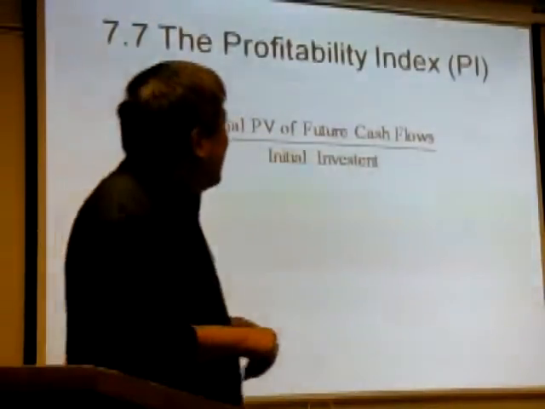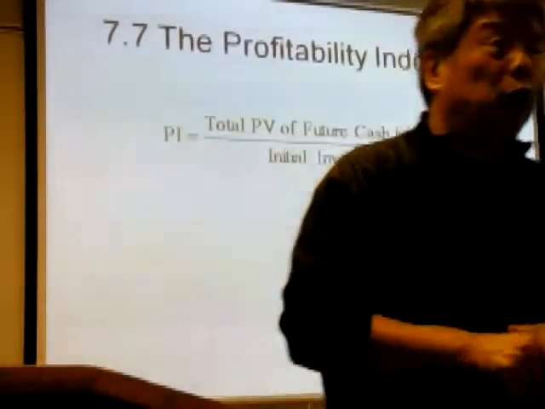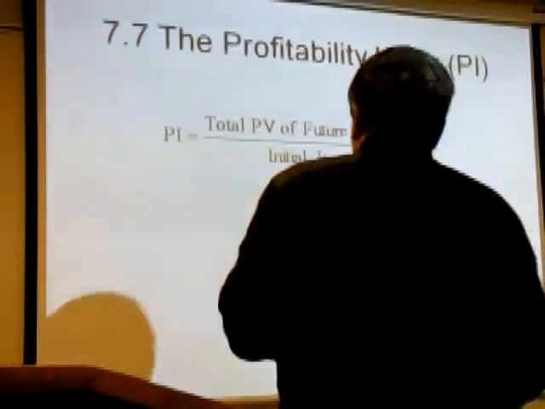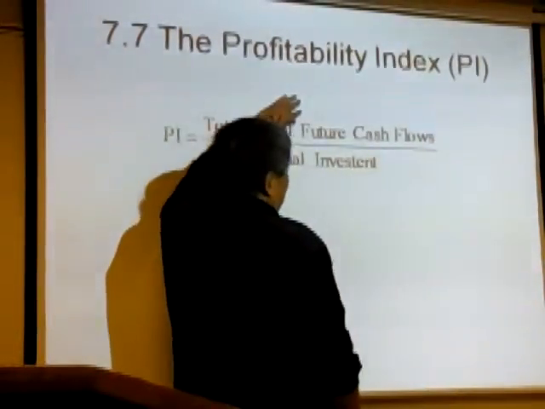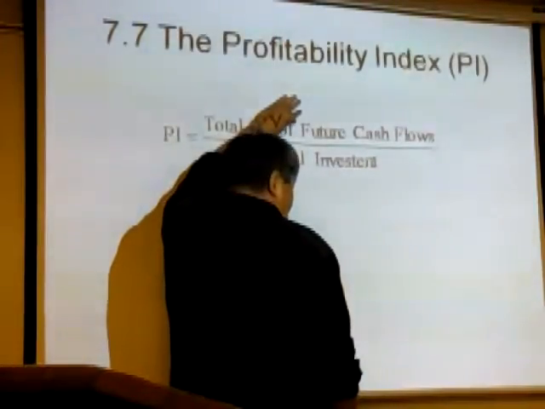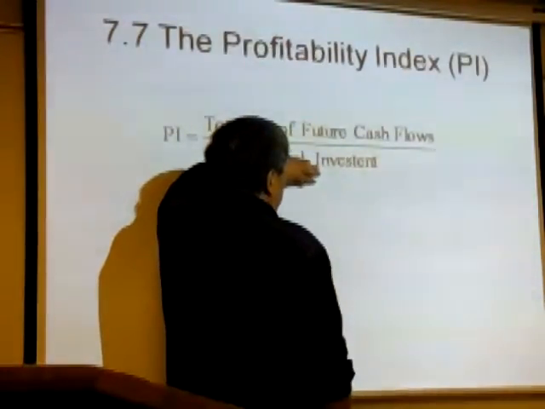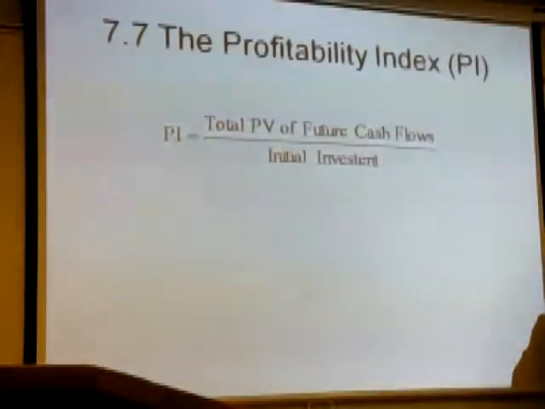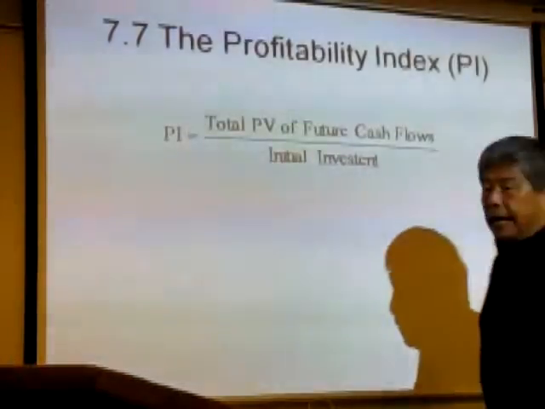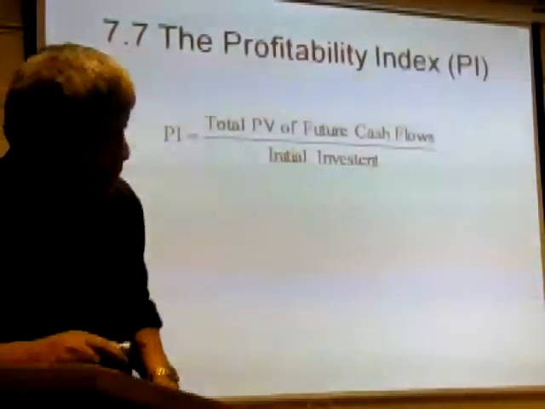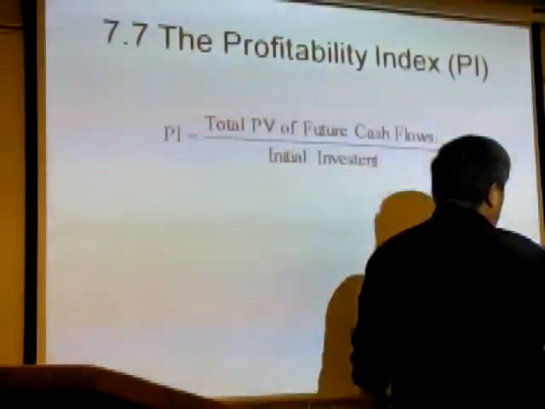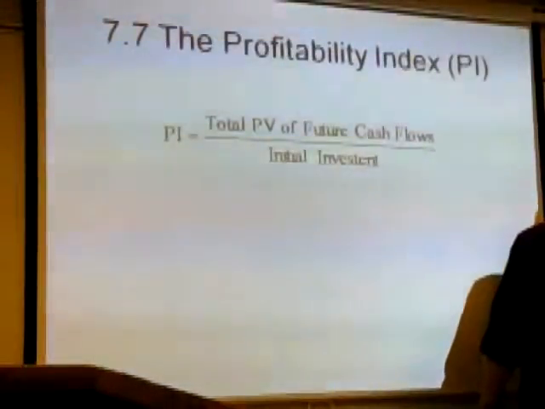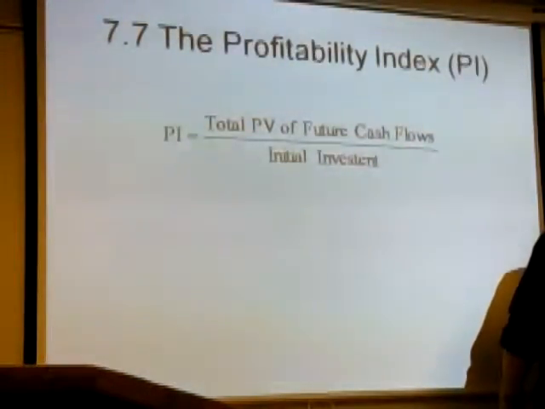What is the profit index model? The PI ratio is the total present value of future cash inflows over the total present value of cash outflows. In other words, the formula can be rewritten: the PI ratio is equal to benefit over cost.